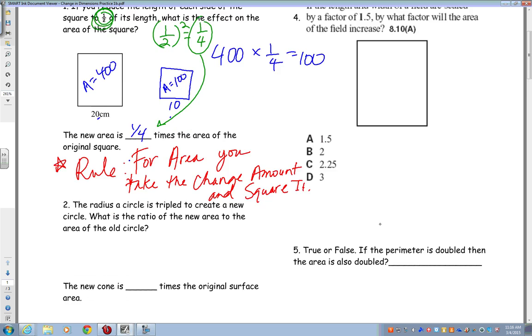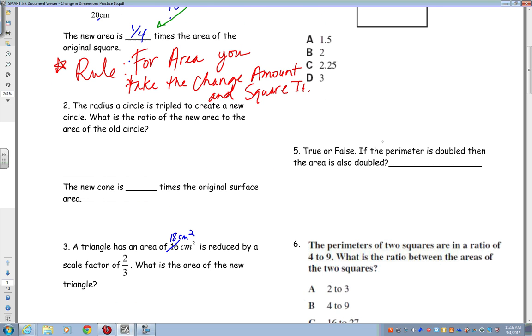So, on number 2, and I know there's a typo, it says the radius of a circle is tripled to create a new circle. What is the ratio of the new area to the area of the old? It says the new, and that should be circle, is blank times the original. You triple and you square that, and that would be 9, right?